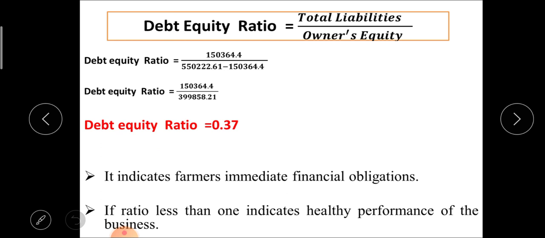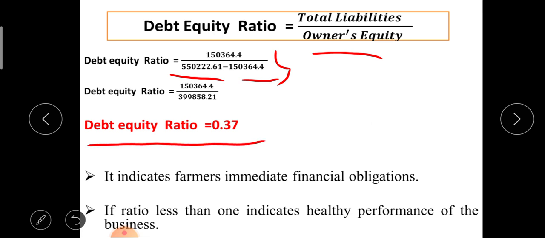So this is the total assets and this is the total liability. The difference between them is equal to owner's equity, and by taking the ratio of total liabilities upon owner's equity, we get the debt equity ratio, which is 0.37.